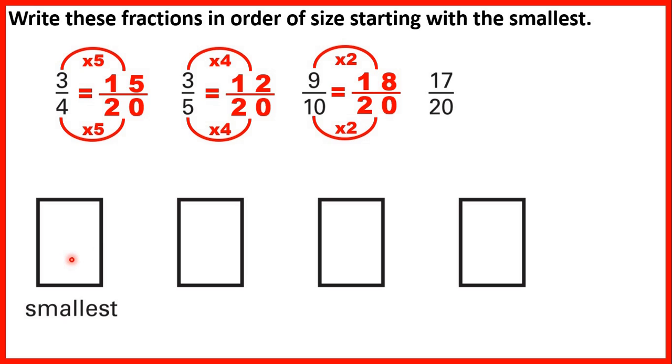So that means our smallest fraction is 3/5, because that's the same size as 12/20. Then we have 3/4, because that's equivalent to 15/20, then 17/20, and our largest fraction is 9/10, because that's the same size as 18/20.